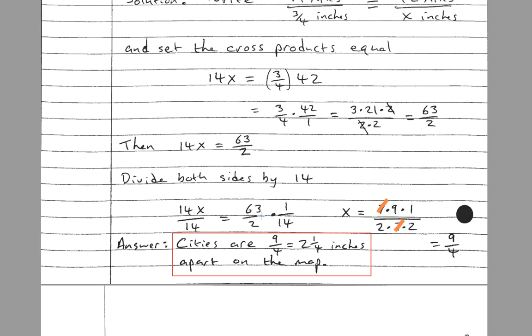You could also do it as 63 over 28, then simplify by canceling 7's. Either way, it's 9 over 4. Maybe it's more useful as a mixed number here, so 4 goes into 9 2 times, remainder 1. So as a mixed number, it's 2 1/4.